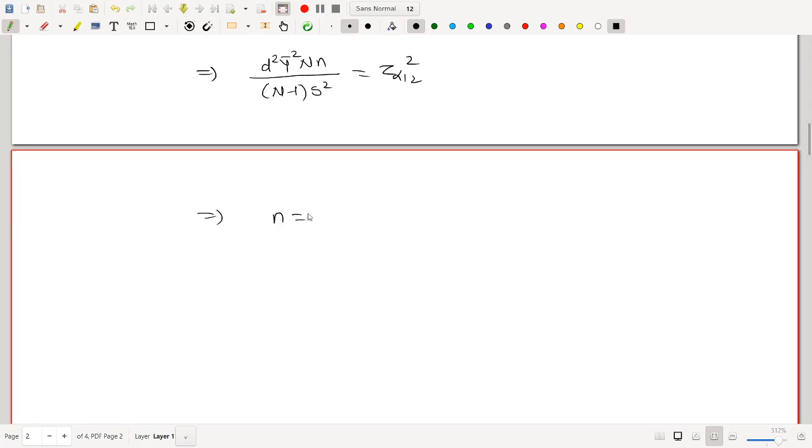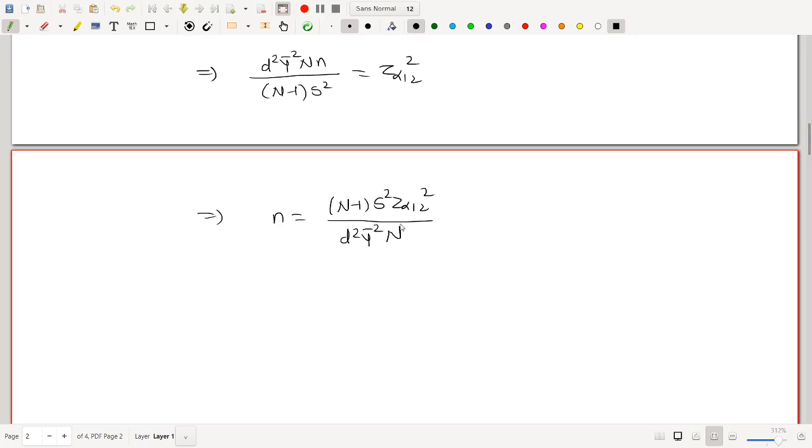Now send this d square Y bar square n to this side, and this n minus 1 S square to this side. So this will become n minus 1 S square z alpha by 2 square divided by d square Y bar square into capital N.